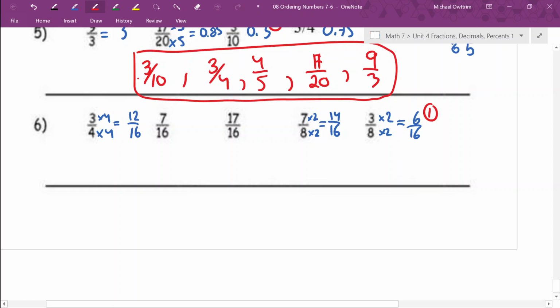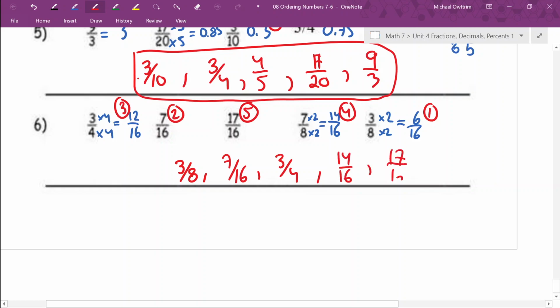Then next I'm going to have 7 out of 16. Next I'm going to have 12 out of 16. Then 14 out of 16. And lastly 17 out of 16. So 3/8. Next is 7/16. Next is 3/4. Next is 14/16, and next is 17/16.